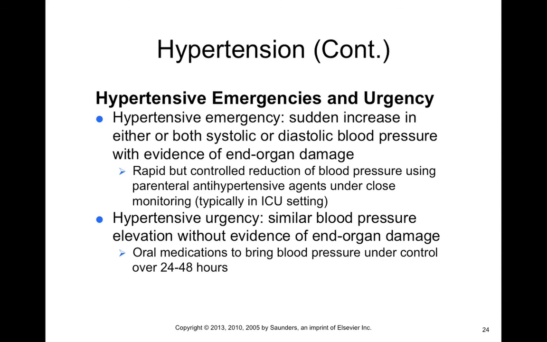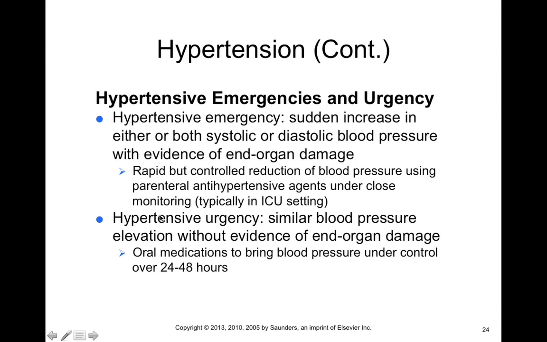Now, we have a difference between hypertensive emergency and urgency. Hypertensive emergency occurs when there's a sudden increase in either systolic or diastolic blood pressure, where we have evidence of end organ damage. When you're starting to see signs and symptoms of damage to a particular organ like the kidneys or the retina or the liver, this would be called hypertensive emergency, where there's evidence of damage due to that hypertension.